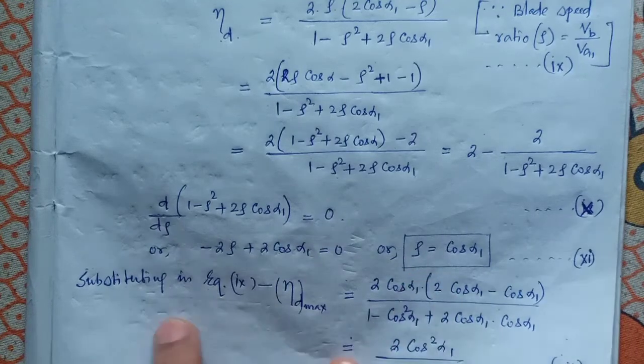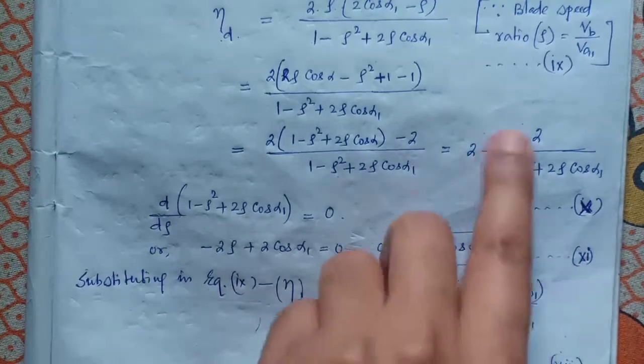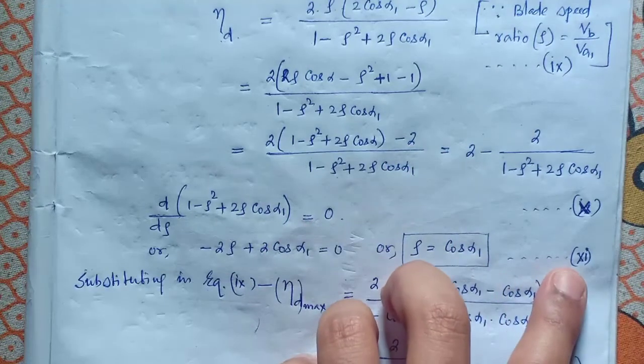Now substituting rho equals cos alpha in equation 9. Mark this equation as 11.